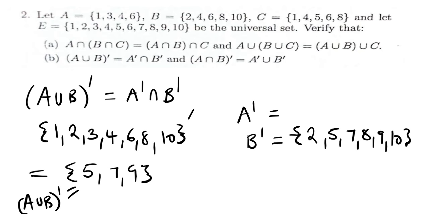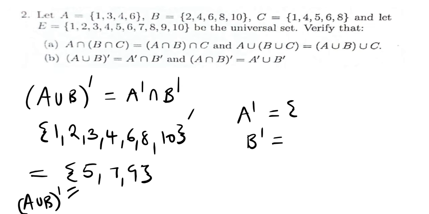Oh, actually I've written on B, unfortunately. So A complement is 2, 5, 7, 8, 9, and 10.